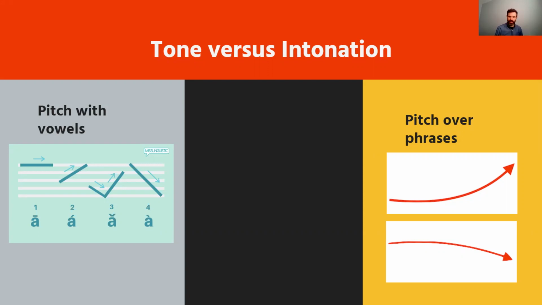For example, in the Chinese language, tone with vowels can change the vowel, and it becomes a different vowel, whether it's rising or falling or rising and falling. But English doesn't use tone in this way to change meaning. Generally, English uses intonation, which is a pitch change over a phrase or a sentence.